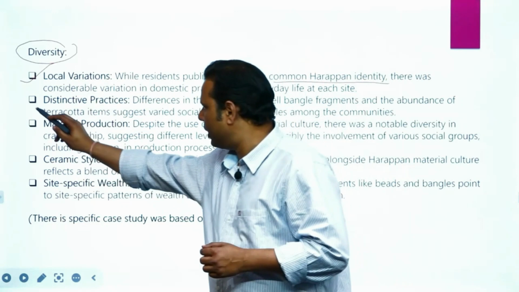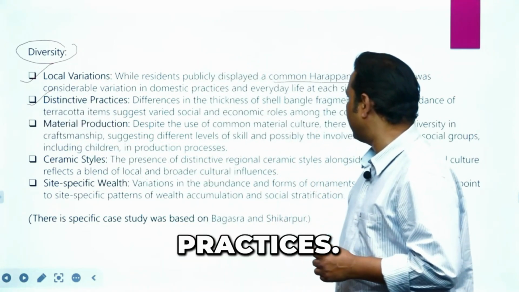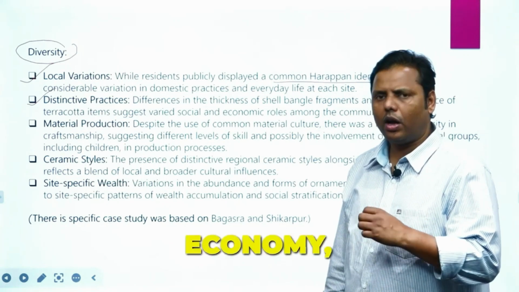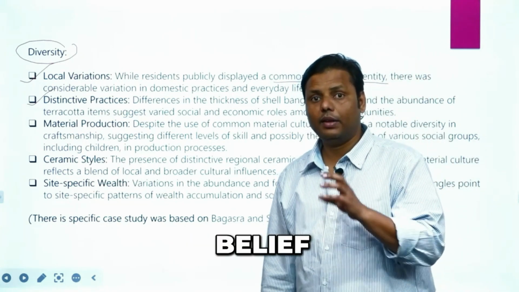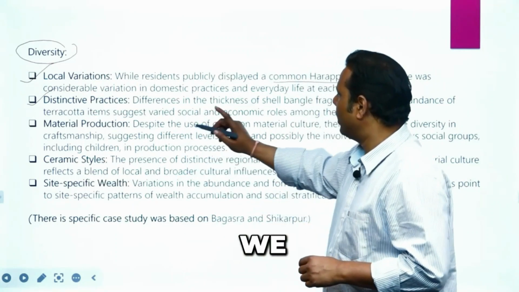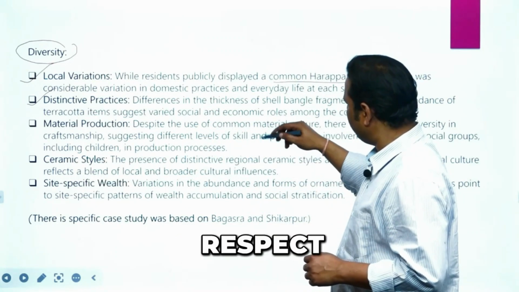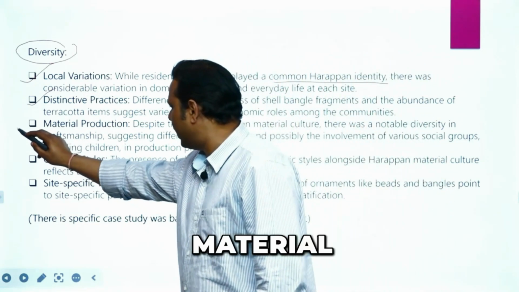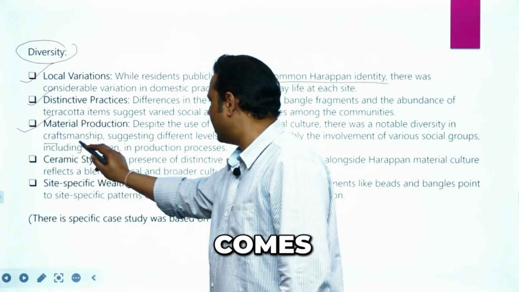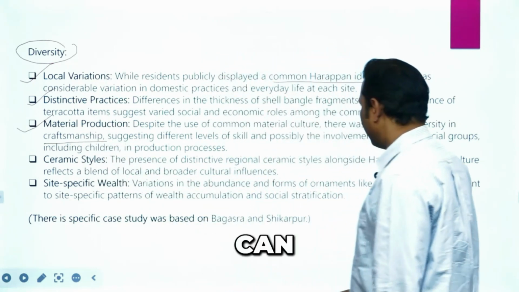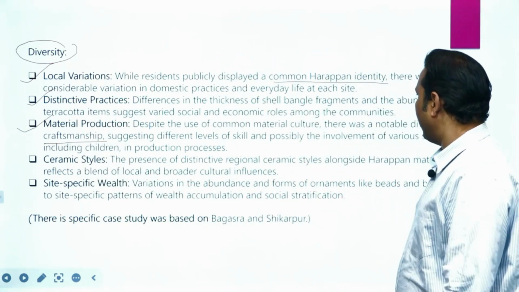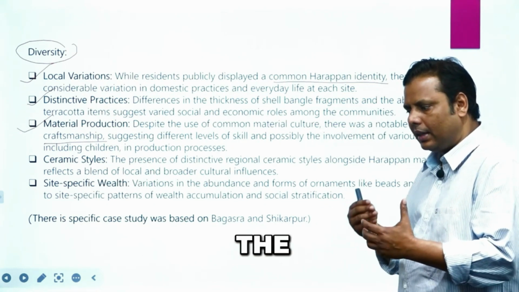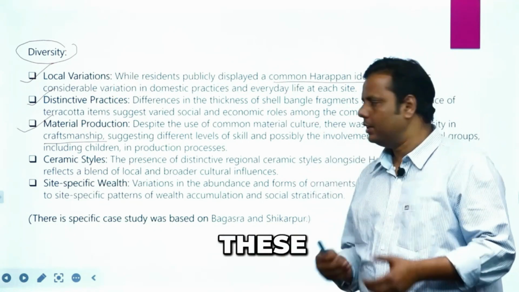Apart from that, we can talk about distinctive practices, which can be understood with respect to their economy, religious beliefs or practices, and manufacturing. Then material production, specifically craftsmanship, where you can find notable diversity and other skills, since they manufactured things in very different ways.